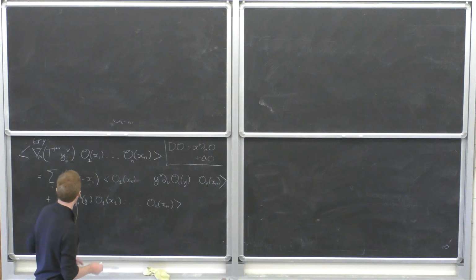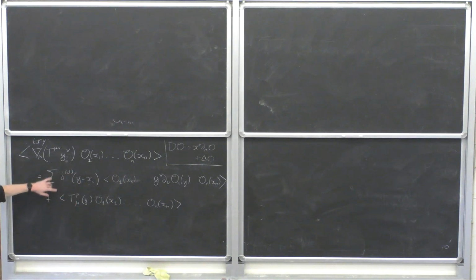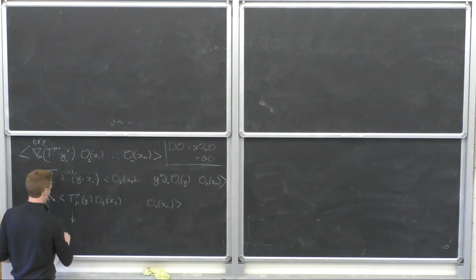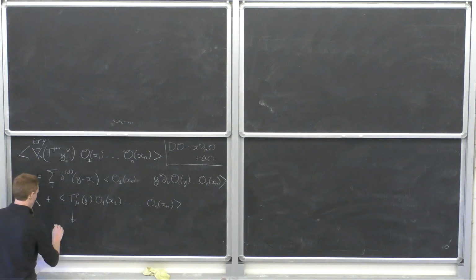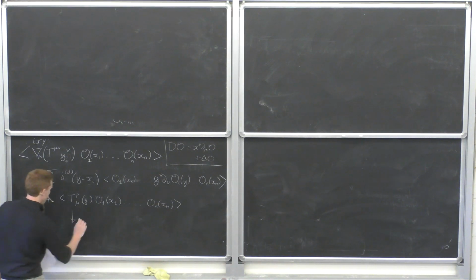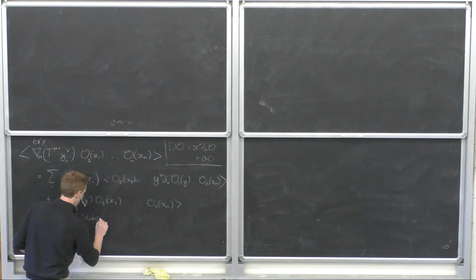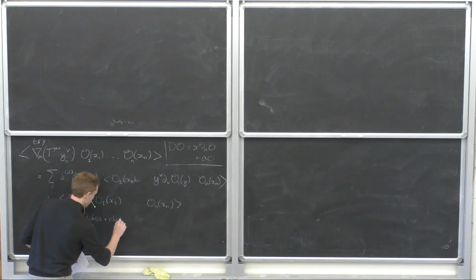Then of course we get scale invariance, but let's recall that scale invariance comes from integration, Stokes and cluster decomposition.